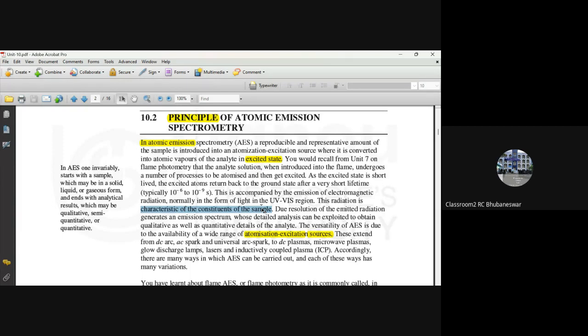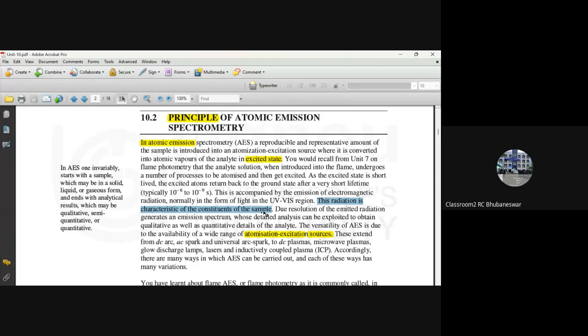Then you have to characterize and analyze that spectrum, either by theories or by reading many literatures from the research point of view. Then only can you see why this sentence is there: this radiation is characteristic of the constituents of the sample. The radiation or spectrum you got is characteristic of the constituents of the sample.